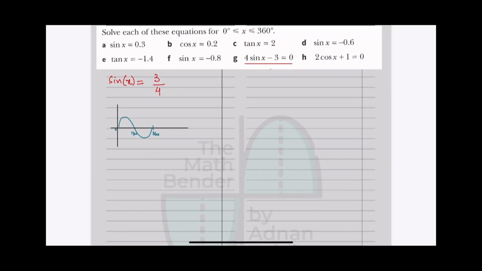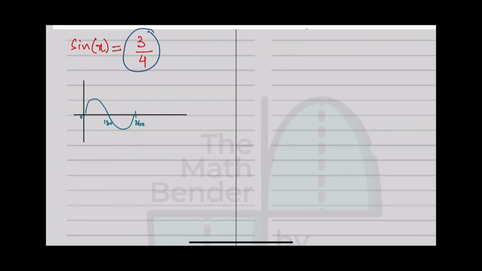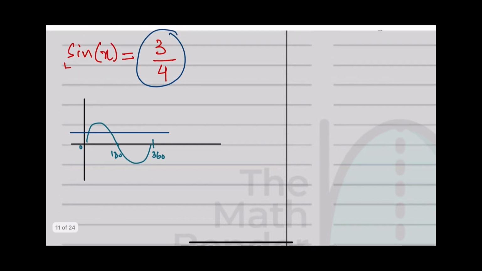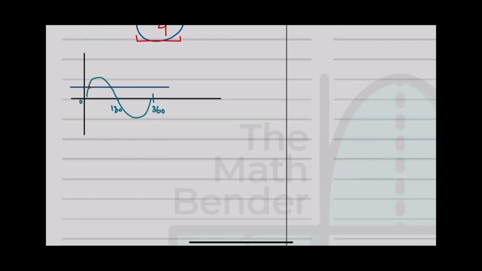Let's sketch another line, y equals 3 over 4. So it's going to lie somewhere here, roughly. Now, I can see that there are 2 points of intersection between the curve and the line, which is this and this.